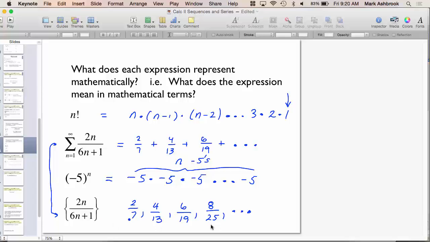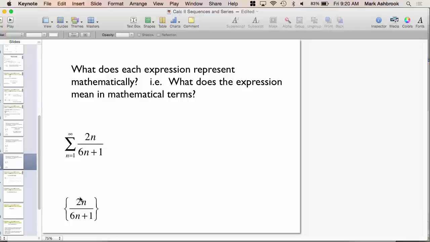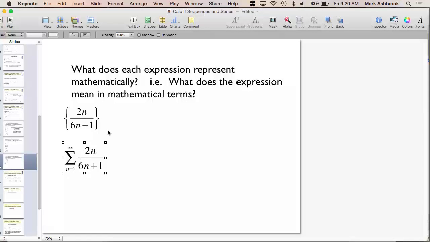Other questions? Okay, so actually these two were a WebWork problem, where part A was: does the sequence converge, and what does it converge to? And then: does the series converge, and what does it converge to? So let's take a look at those. Hopefully that sequence is pretty easy to see.